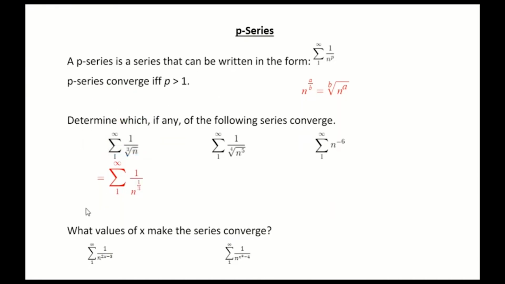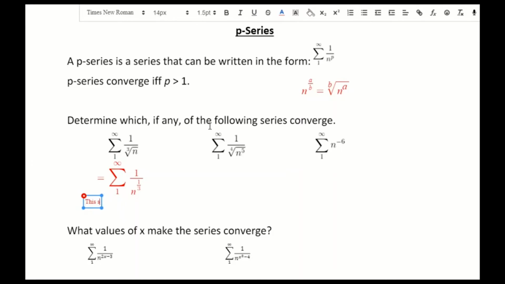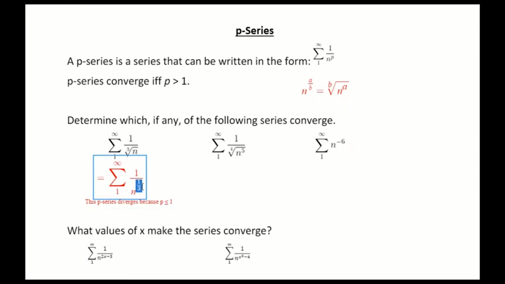So that's going to be our description here. Determine if it will converge. No, this p-series diverges because p is less than or equal to 1, and in particular, it's 1/3.